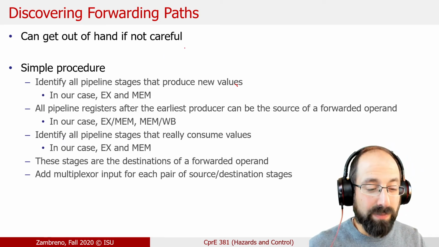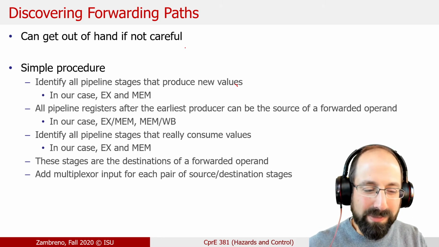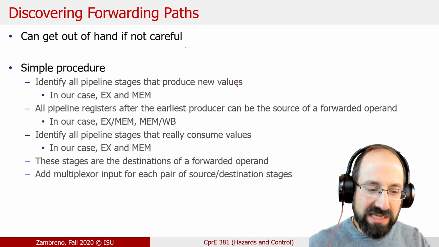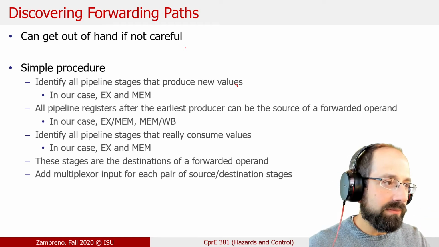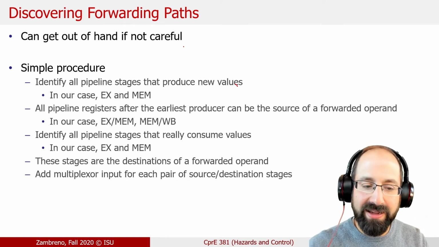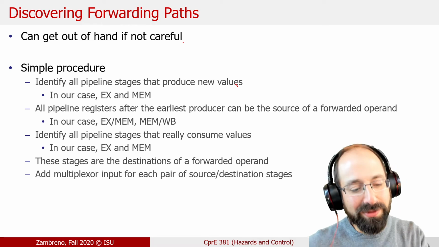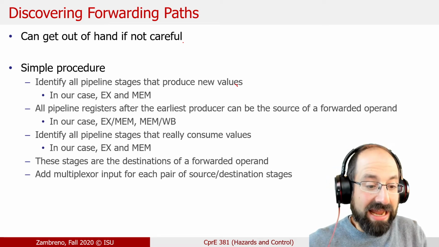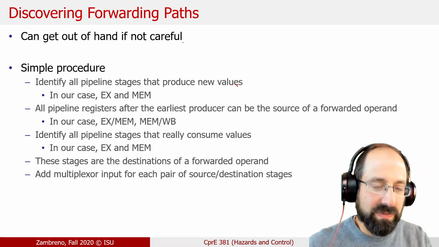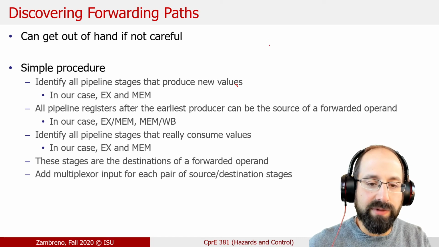Same with the forwarding paths. You could spend weeks trying to get it exactly right, and you still probably will miss something. So do something that's maybe textbook that gets you started, and then as you test, you'll discover that it catches some things and doesn't catch other things, and you just add extra components for those extra special cases.